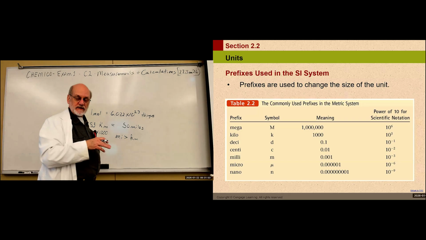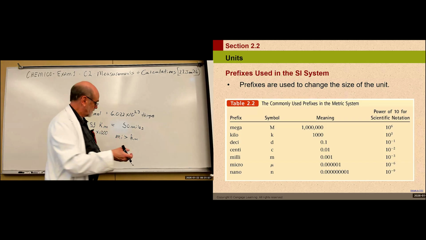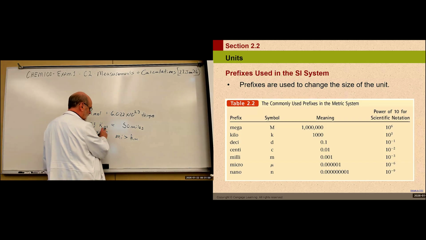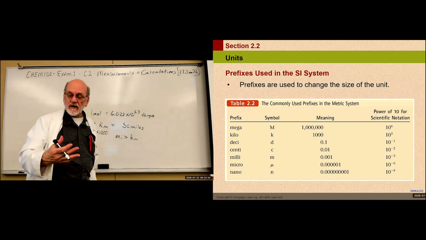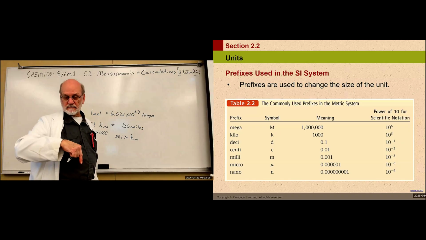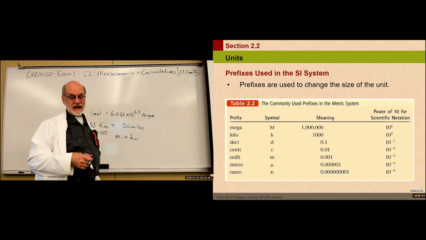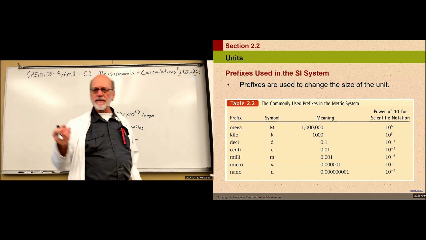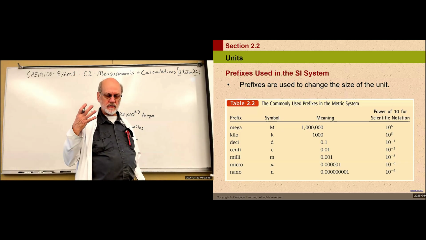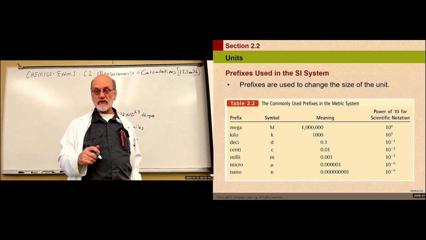So if the unit gets bigger in our conversion, if we go from kilometers to miles, the unit gets bigger, the number gets smaller. That always happens. You can take that one to the bank. And that's just a rule of thumb that helps you catch any errors that you might be making in calculations.